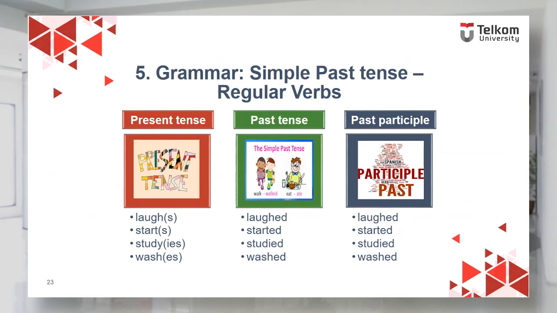The difference between a regular and an irregular verb is the formation of the simple past and past participle. Regular verbs are dependably consistent. The simple past ends in ed, as does the past participle. Examples are given below.